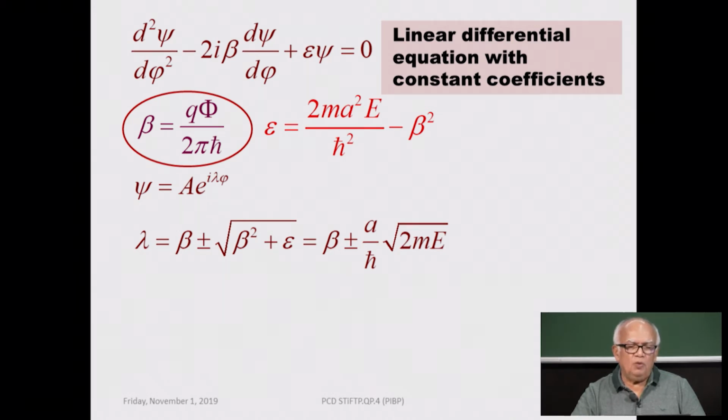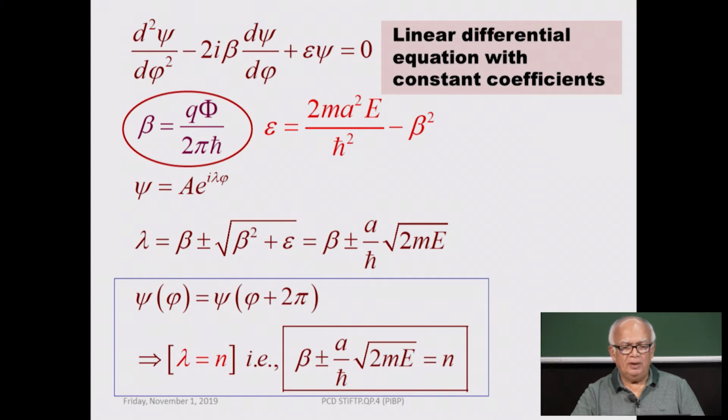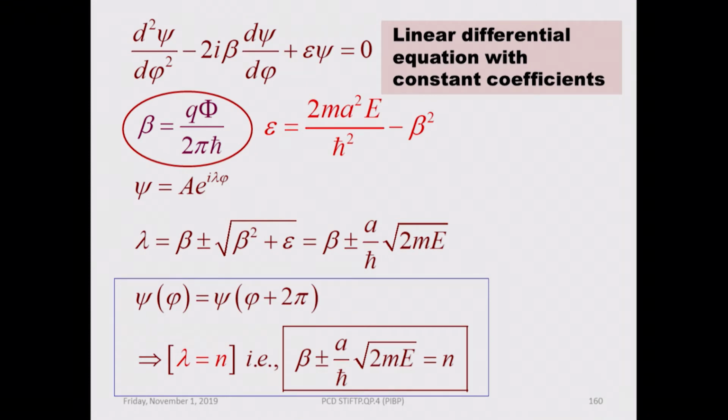That gives you the tool to determine the energy eigenvalue of this problem, because square root of 2 m e is appearing explicitly over here. You also have the uniqueness property of the wave function.